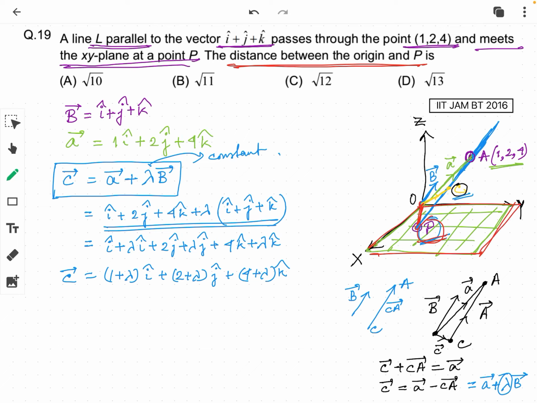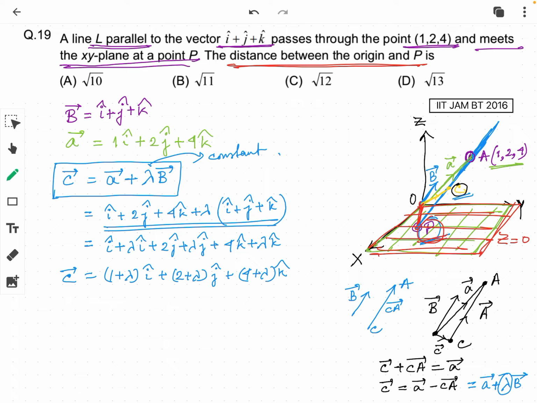Since P is on the xy plane, z is 0. Always remember, on the xy plane, the coordinate of its perpendicular axis is always 0.